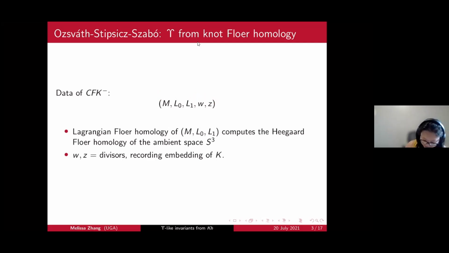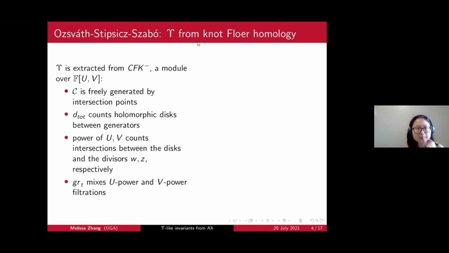So remember that generators in Lagrangian Floer homologies are going to be intersections between these two Lagrangians. So you have to make sure they're transverse to each other. And then the differentials are going to count pseudo-holomorphic curves. So specifically for knot Floer homology, this is what we have.